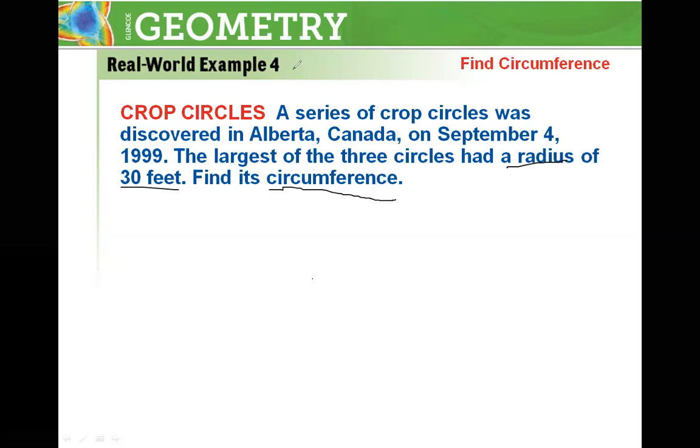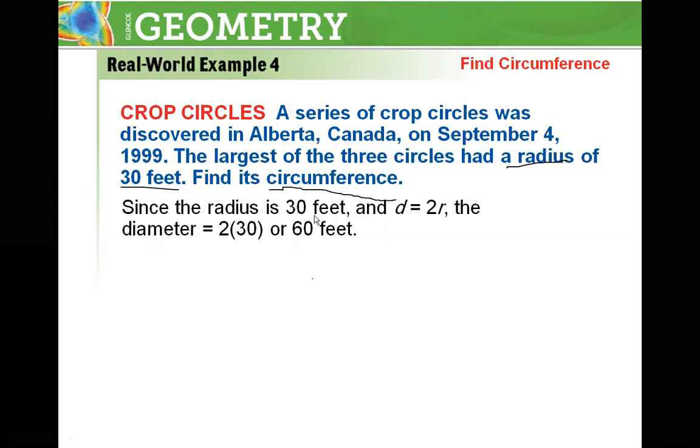We get the result by steps. First, I'll just write the first step. Since the radius is equal to 30 feet and the diameter is 2r, then the diameter is 2 times 30 equals 60. For that, he used the rule of the d: circumference equals pi times d.